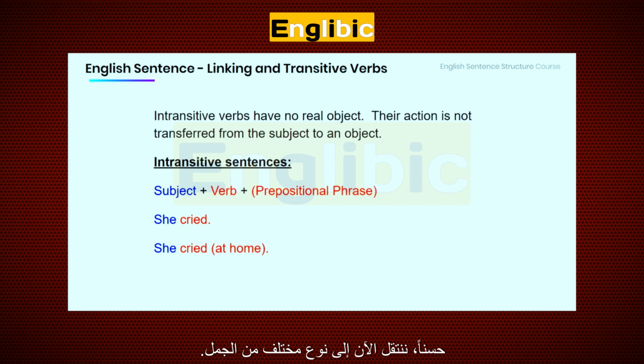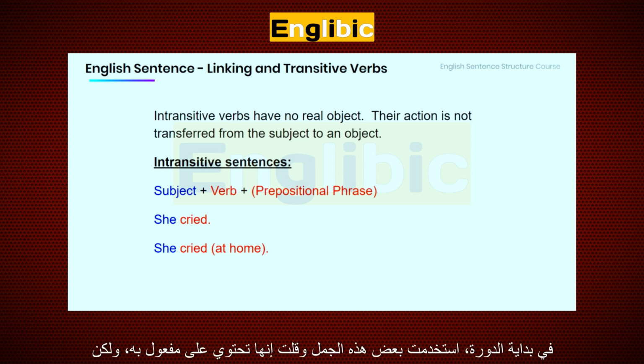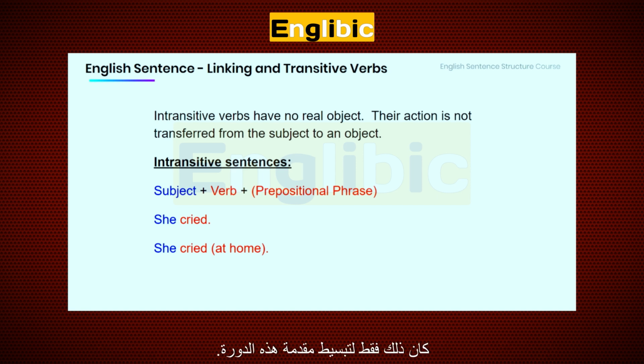Okay, so now we're moving on to a different sentence type, and here we're going to start breaking the rule that we talked about at the beginning of the course. These are sentences that don't actually have a real object. Now in the beginning of the course, I used some of these sentences and said they did have an object, but that was just to simplify the introduction of this course.